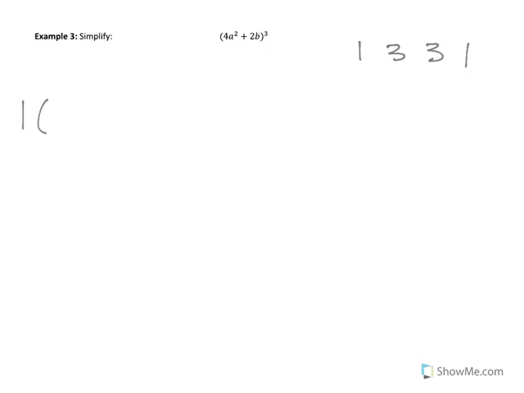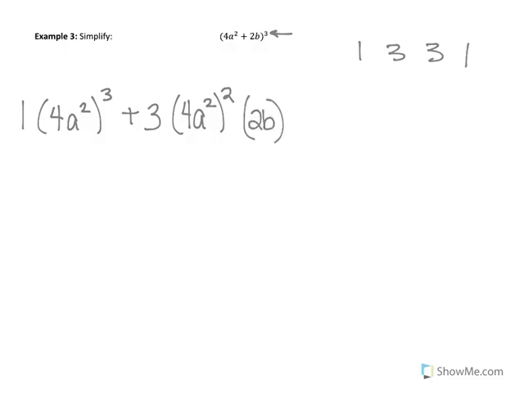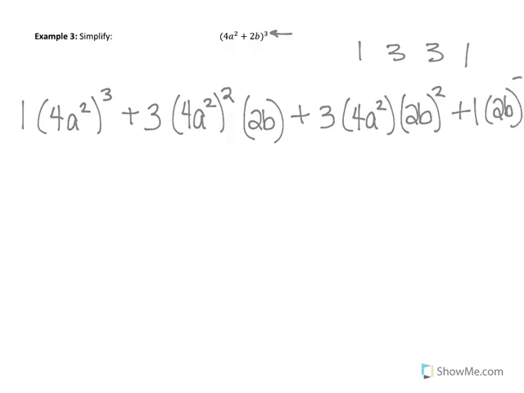So I have 1, 4a squared, to the power of whatever your exponent is, plus 3. My 4a squared is going to move down to a 2, and 2b is going to come in as a power of 1, plus 3. 4a squared is moving down to 1, 2b is turning into a squared, plus 1, and we'll have 2b to the power of 3.